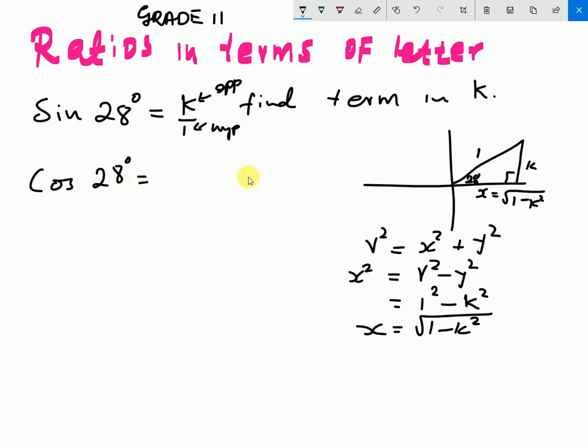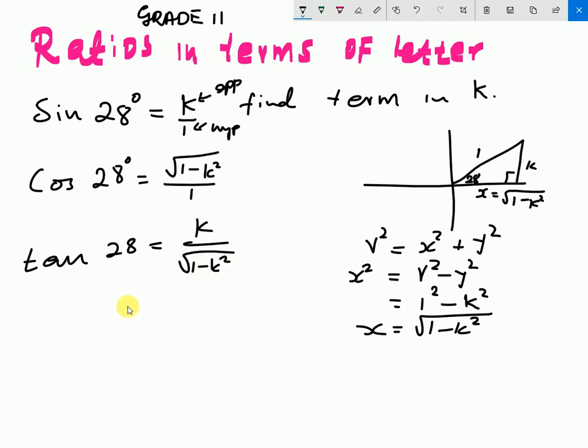Cos is adjacent over hypotenuse, meaning that this will be the square root of 1 minus k squared divided by 1. If you are requested to find the tangent of 28, the tangent is opposite over adjacent, meaning that it will be k over the square root of 1 minus k squared.